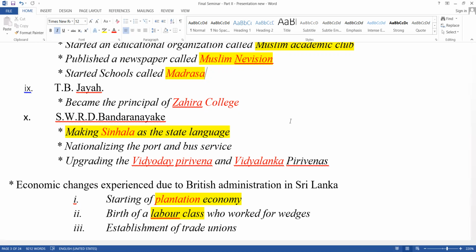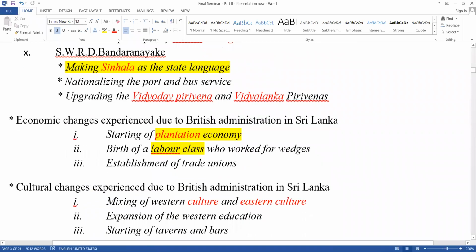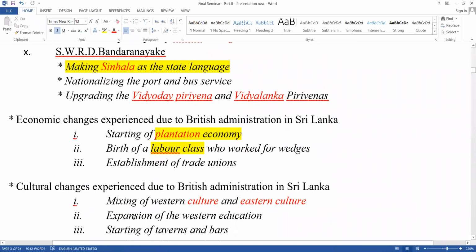In cities, they had odd jobs like loading and unloading goods onto carts, pulling rickshaws, and working in laundries. So they formed the urban labor class. They were working for salary. Earlier there were no people working for salaries, and trade unions were started to win their rights.